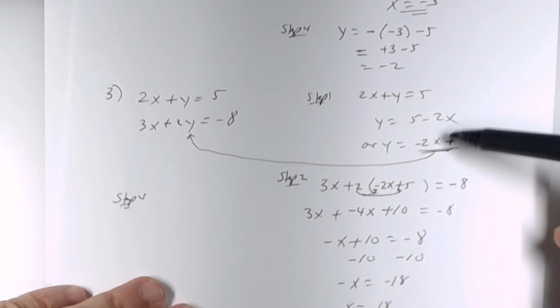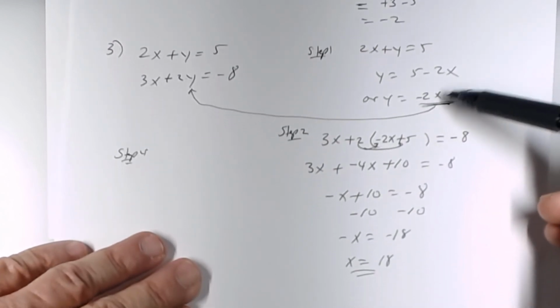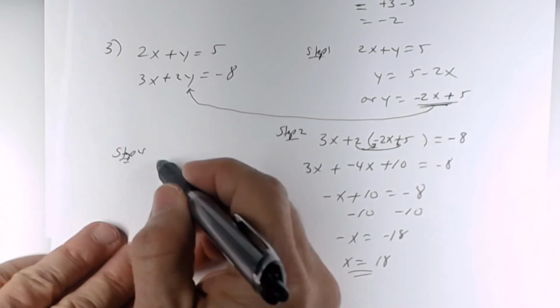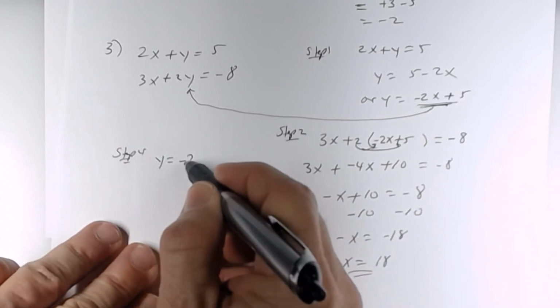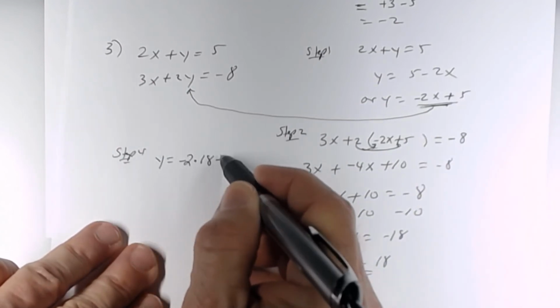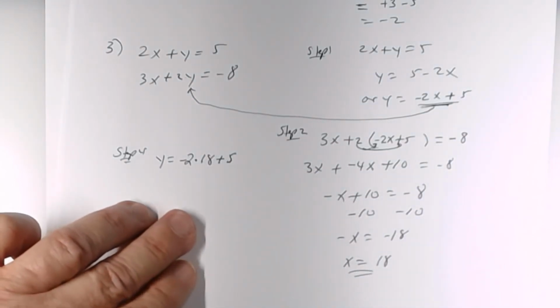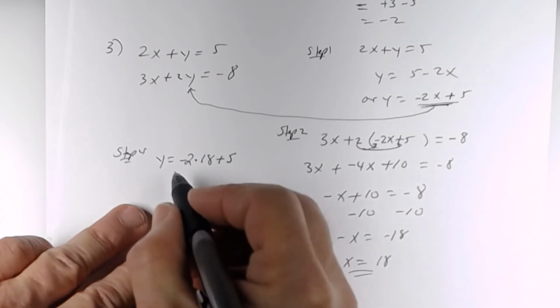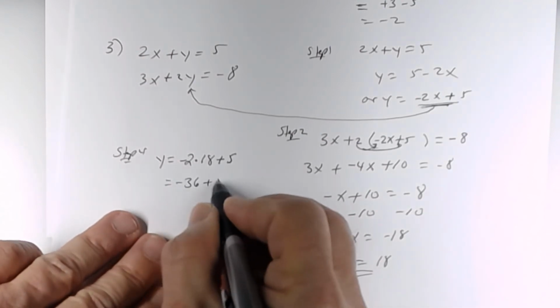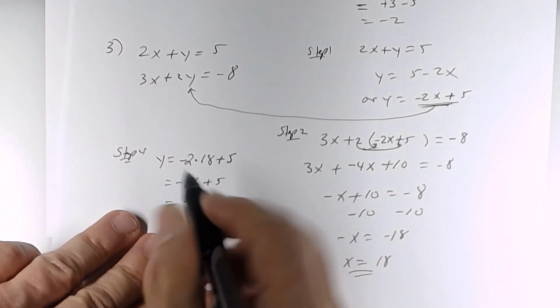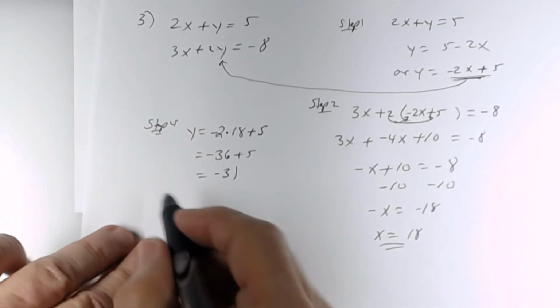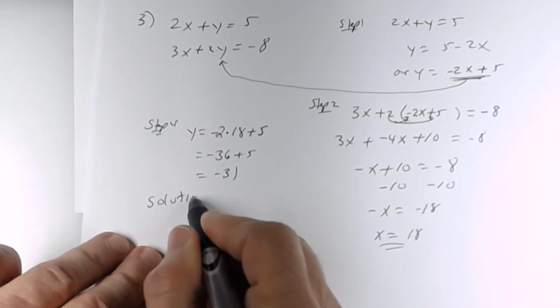And in place of x, what do you substitute? Positive 18. So y equals negative 2 times 18 plus 5. What's negative 2 times 18? Negative 36. And what's negative 36 plus 5? Negative 31. And so my solution then is what? 18.